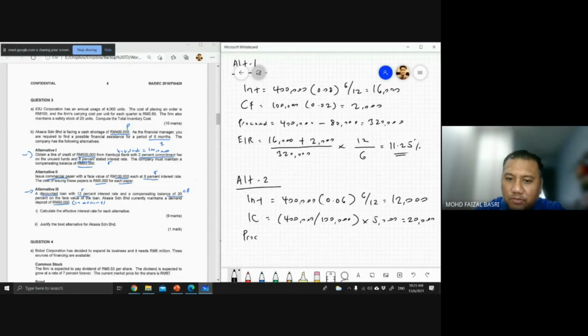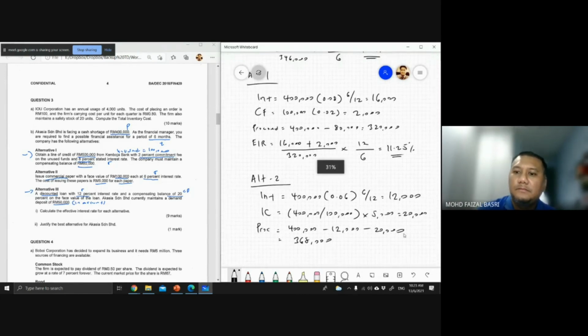So the proceeds would be 400,000 minus the discount interest, 12,000, minus the issuing cost, 20,000. So 400,000 minus 12,000 minus 20,000. So we have 368,000.